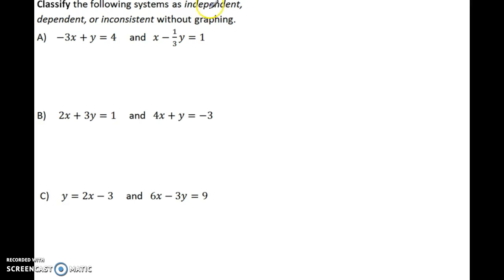Now classify these without graphing. So, this is a little tougher here. You might want to consider solving these for y. So y equals 3x minus 4. So the slope is 3, the y-intercept is -4. If you solve this one for y, you get -1/3 y equals -x plus 1.